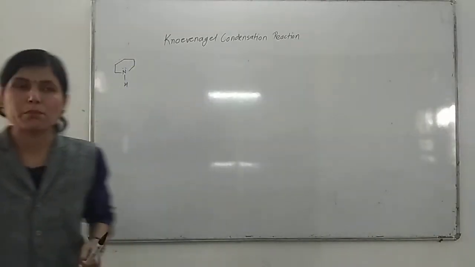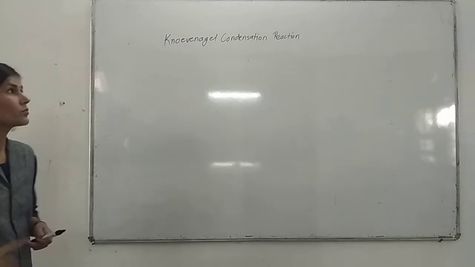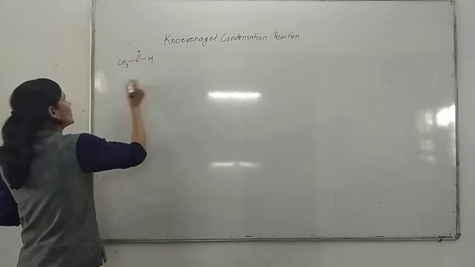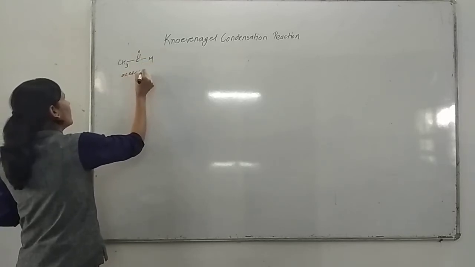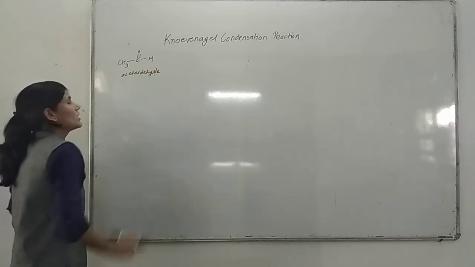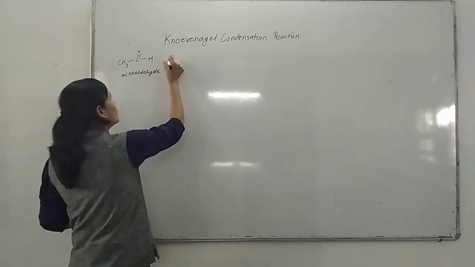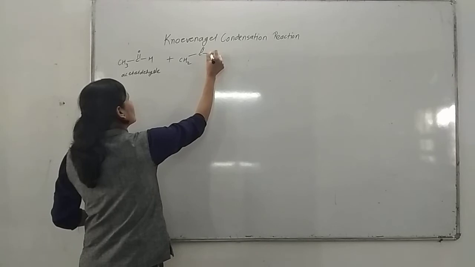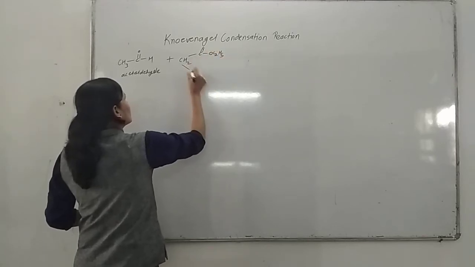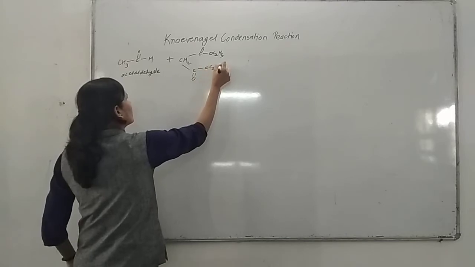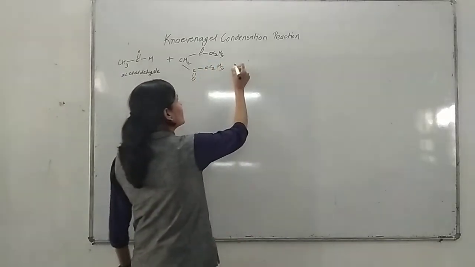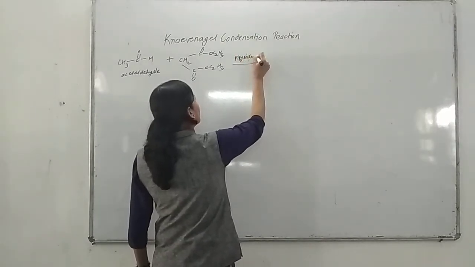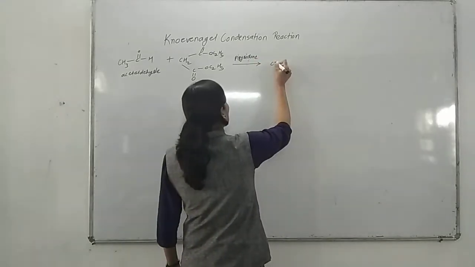Now let us see an example of the Knoevenagel condensation reaction. CH3 C double bond O H, that is acetaldehyde, when treated with malonic ester in the presence of base piperidine, gives an alpha beta unsaturated compound.